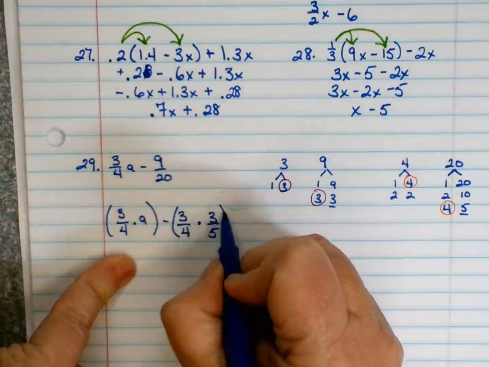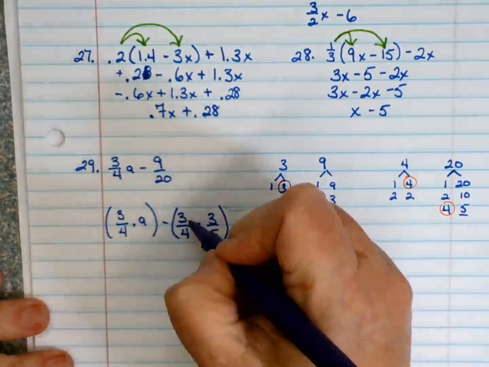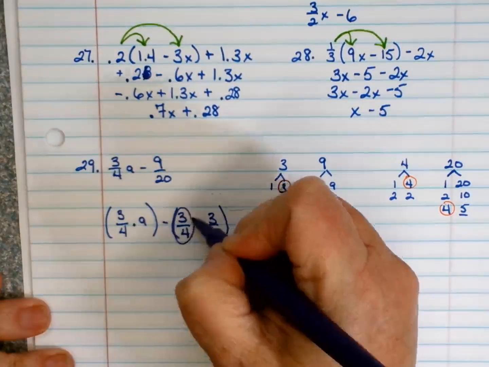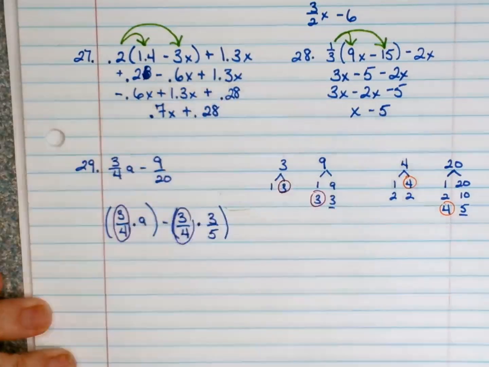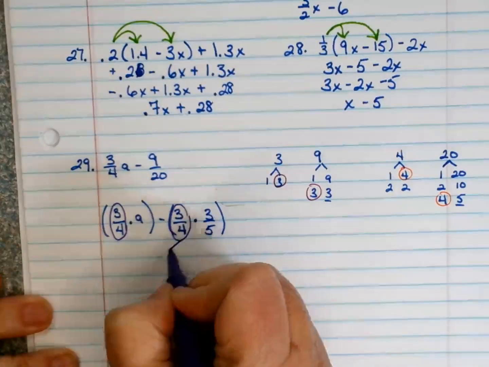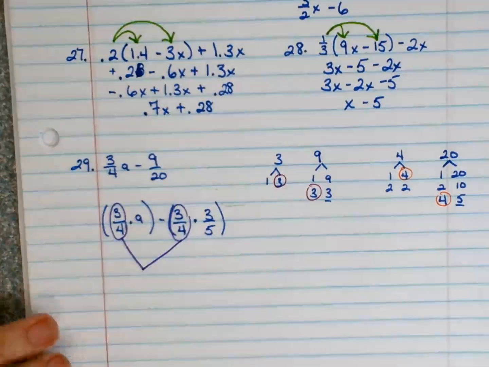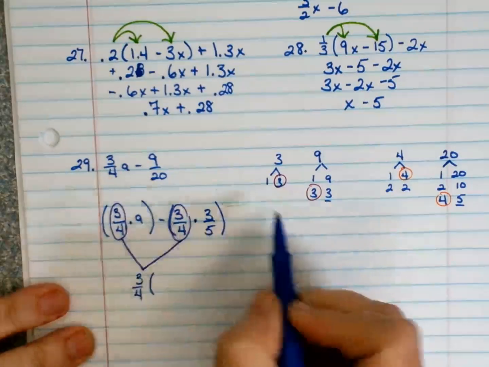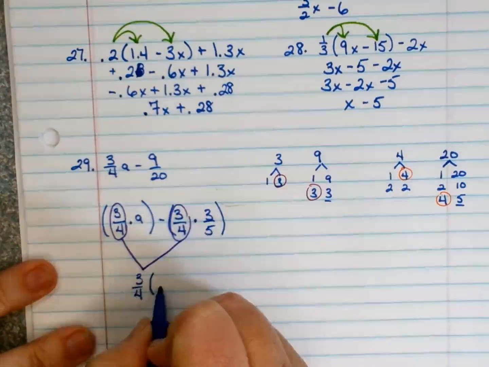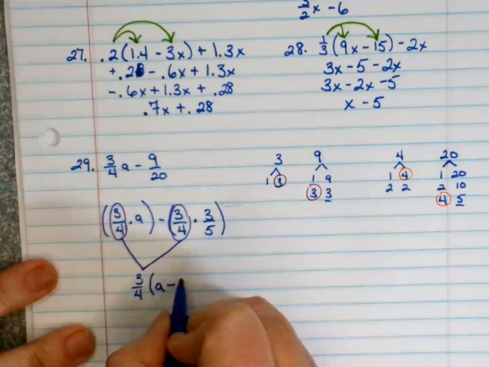Okay? So now I'm going to take that common number that they have here, the 3/4. I'm going to pull that out. And after I pull that out, I have 3/4 times whatever is left inside. Well, this is A, my operation sign, and my 3/5.